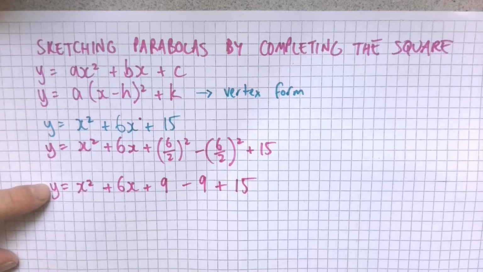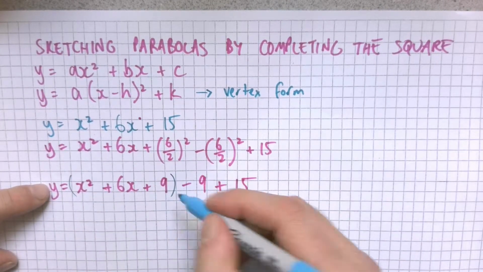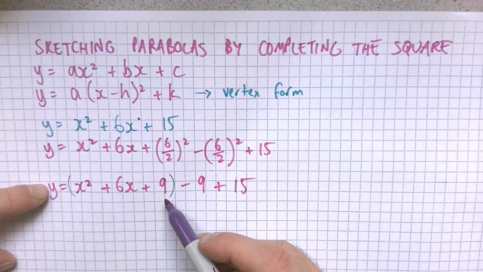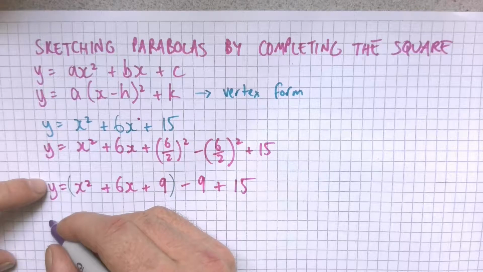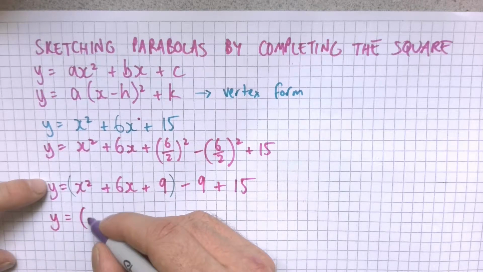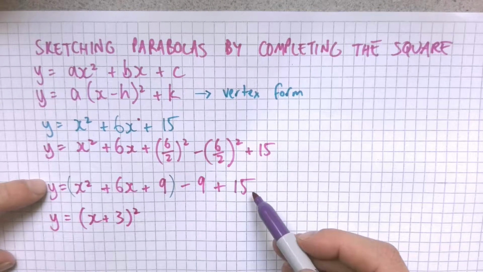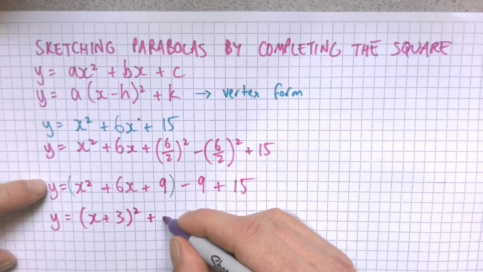This gives us the perfect square right here. Two numbers that add to give us 6 and multiply to give us 9 are positive 3 and positive 3, so factorized, we can write it as (x plus 3) all squared. Then we have minus 9 plus 15, which is positive 6.